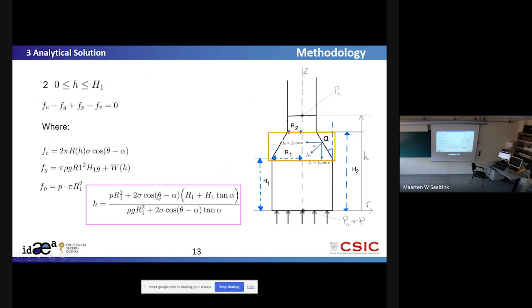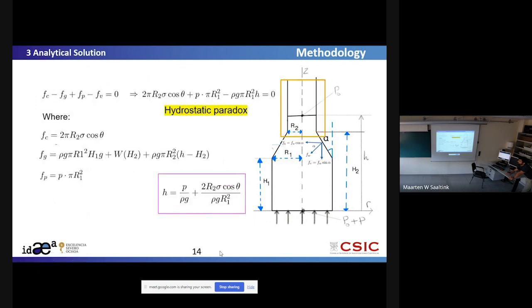Theta is the fluid contact angle, and alpha is the gradient of the tube. R1 is the radius of the bigger tube, R2 is the radius of the smaller tube, H1 is the height up to the beginning of the conical section, and H2 is the end of the conical section. And small h will be the height of the interface.